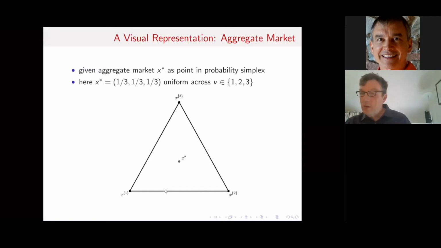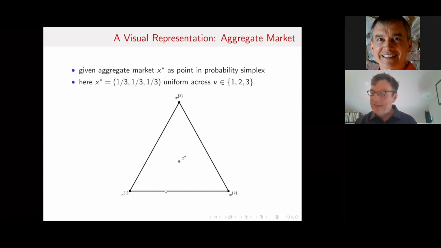Good. So now let me try to give you, I said we're going to use a lot of geometry today, a visual representation of what the aggregate market is. The example that I'm going to use all throughout today is a market that has a uniform distribution over 3 values, 1, 2, and 3. I can depict this in this probability simplex, in this triangle, where the vertices x1, x2, and x3 are simply the mass points where only valuation 1, only valuation 2, or only valuation 3 are present.